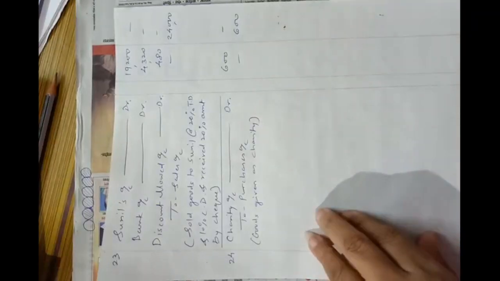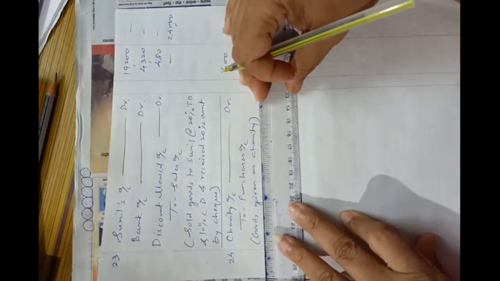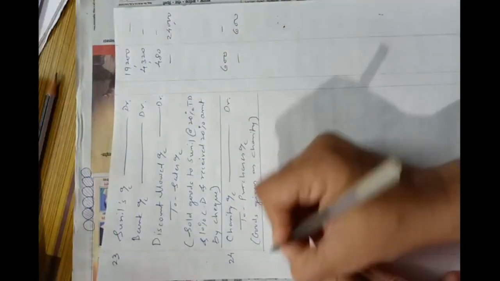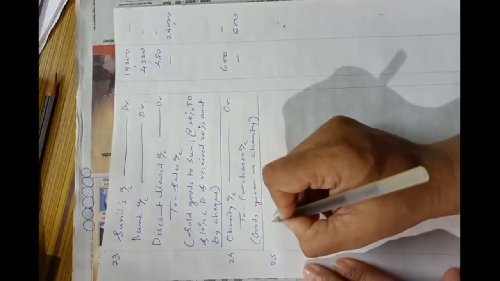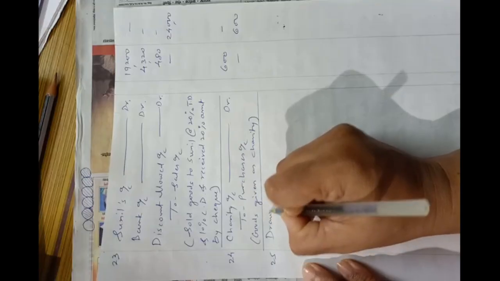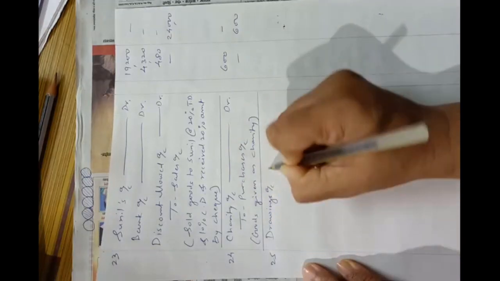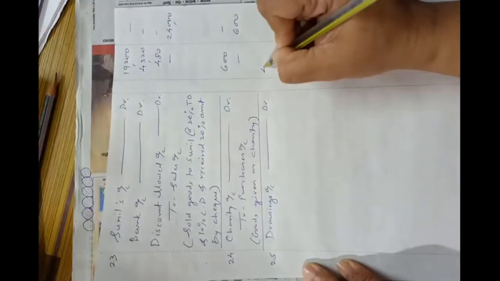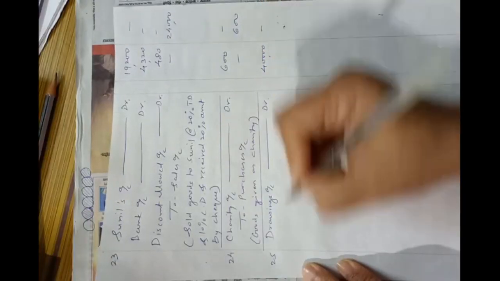Goods given as charity. Next entry 25th April, drawings account debit to bank account. 40,000 used for purchasing bike.